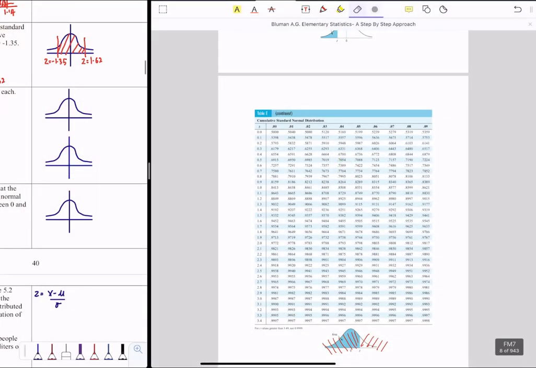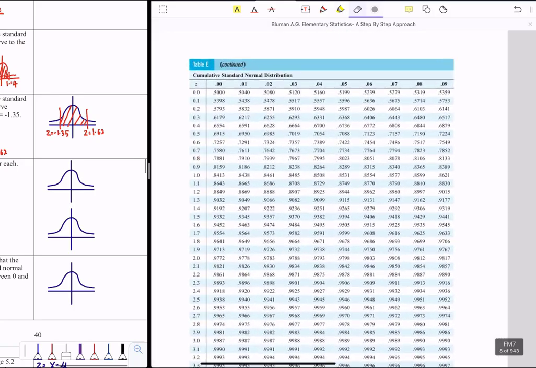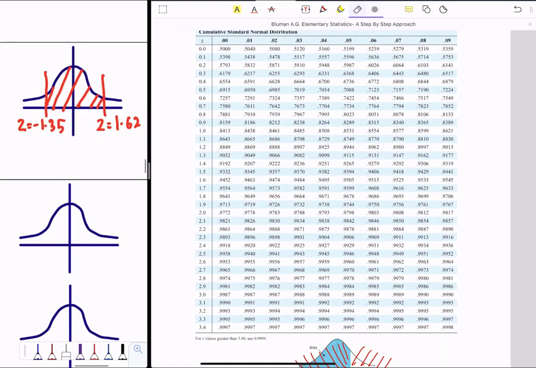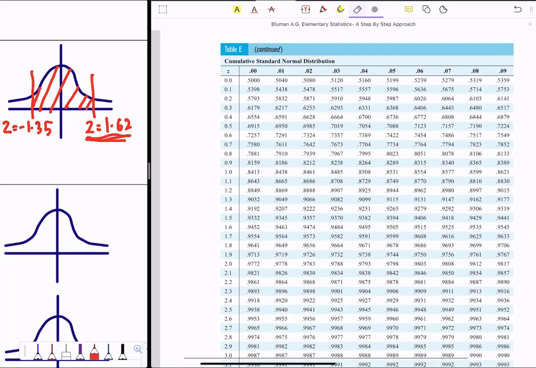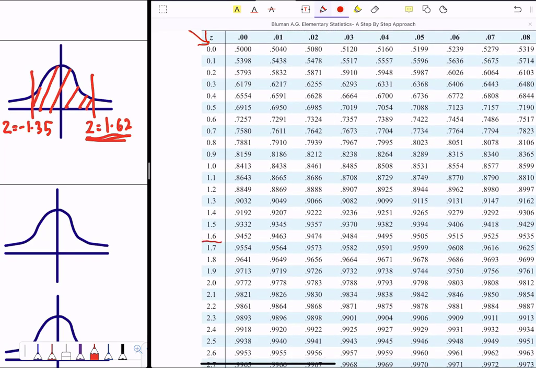Table E, here Z is negative 1.35, or much easier if you use the positive first. Let's look at this one first. Z is 1.62, and this one is 0.9474.